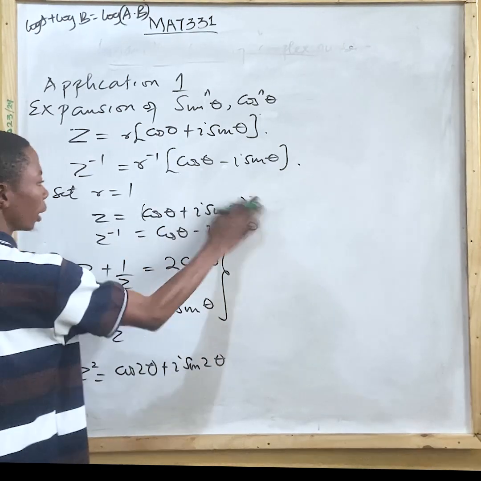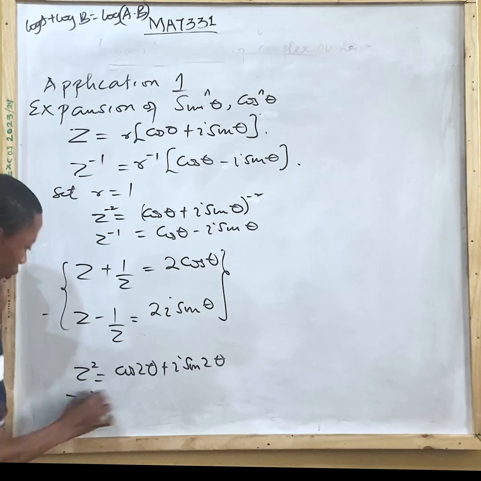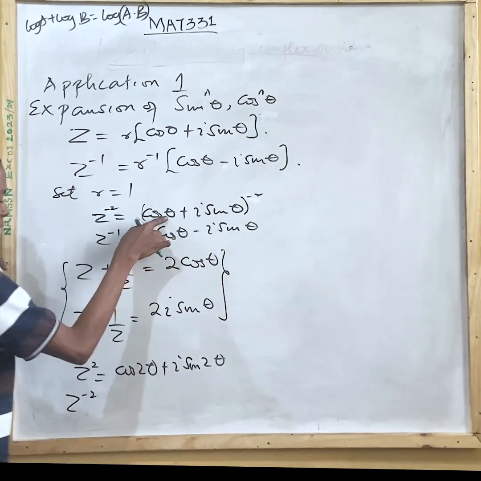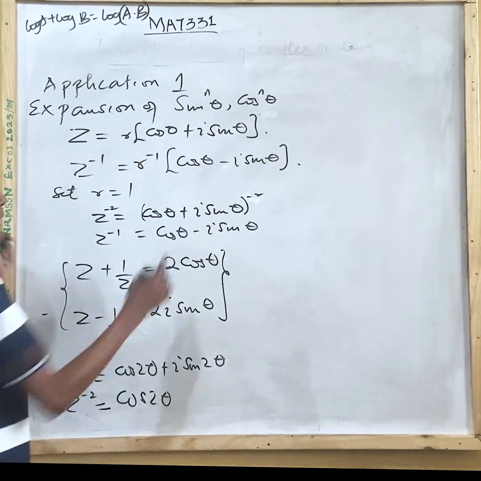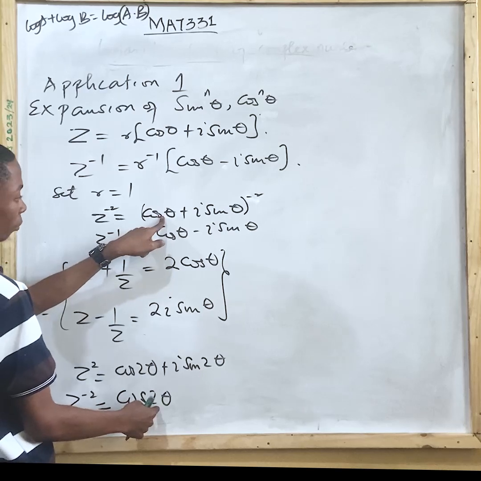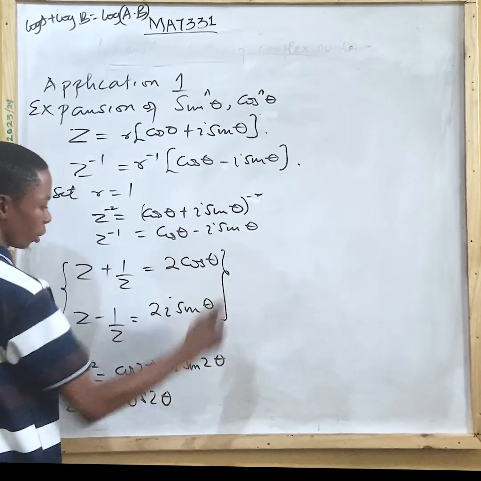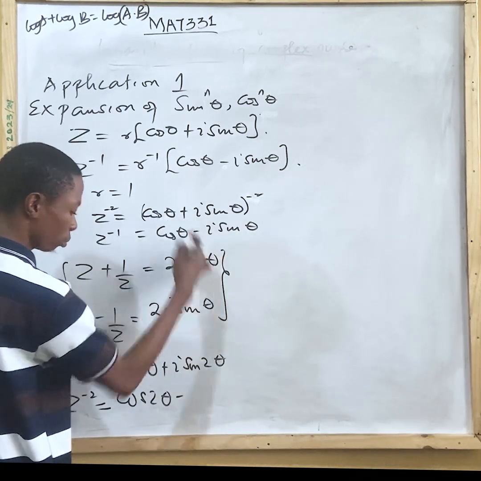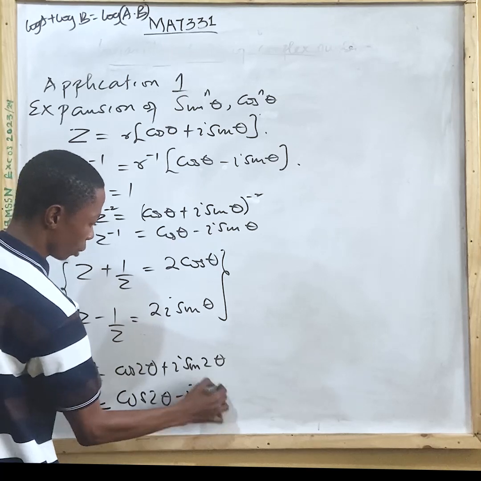And if I also take z to the minus 2, that minus 2 will multiply this. It will turn to cos 2 theta, because cosine is an even function. And for the sine theta, the minus will change the plus to minus, so we have minus i sine 2 theta.